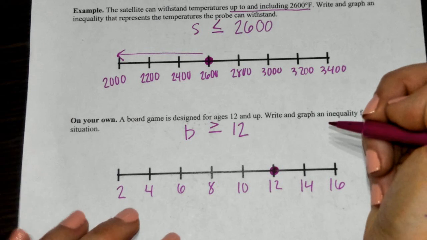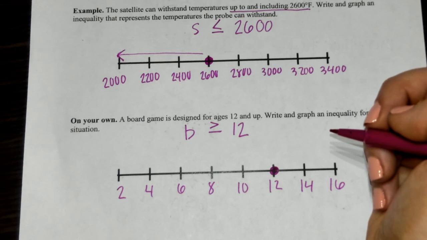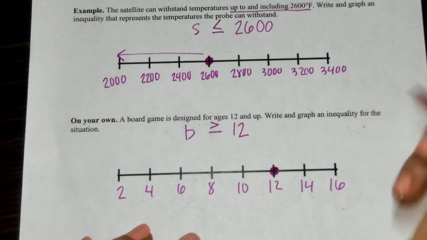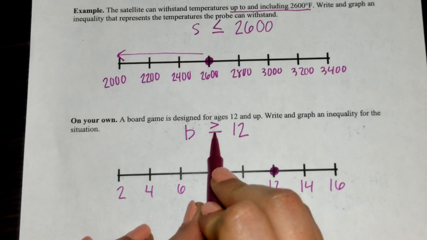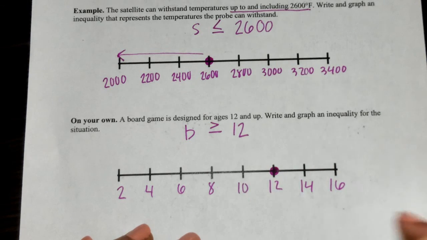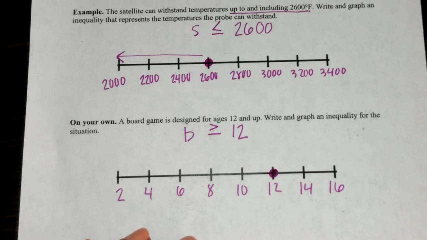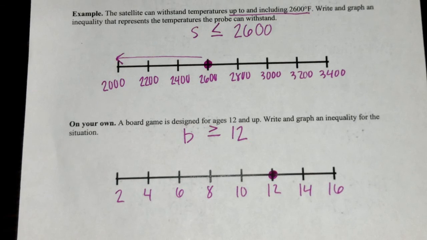What makes it closed? Okay, so because it has the line right there, it has the equals to. So 12 can be a solution, so it has to be closed.